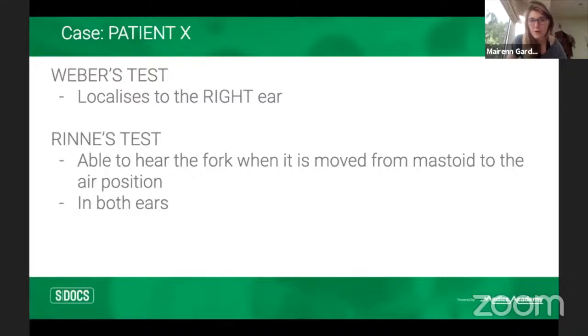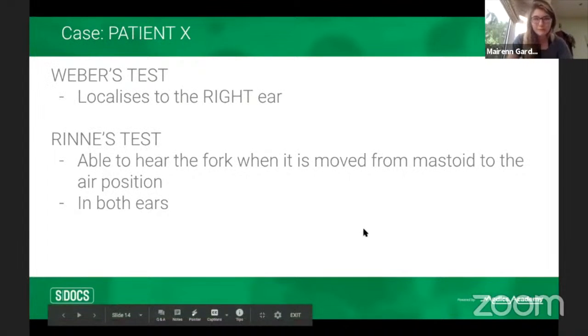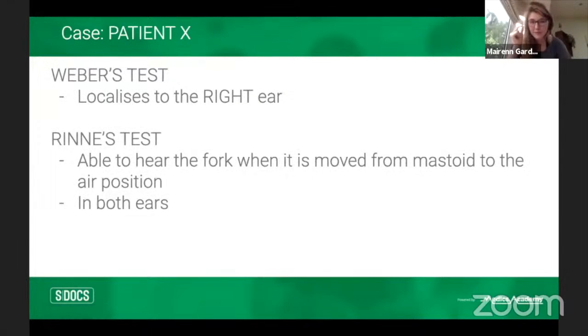I'm just going to go over this one more time just to really drill it in and make sense. The fact that when you move the tuning fork from the mastoid process to the air position, the patient can hear it in both ears, suggests that it's sensorineural hearing loss, because air conduction is better than bone conduction.